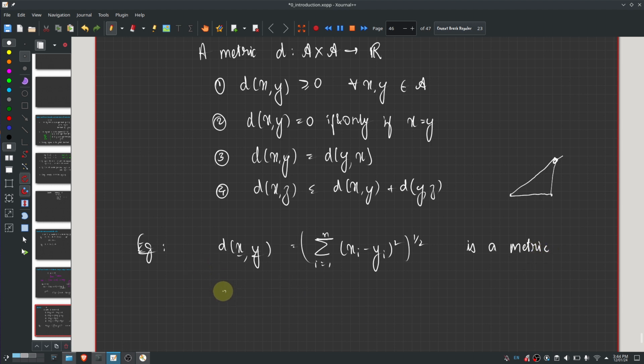But what if I take d squared of x, y, which is just the squared Euclidean distance? Is this also a metric?